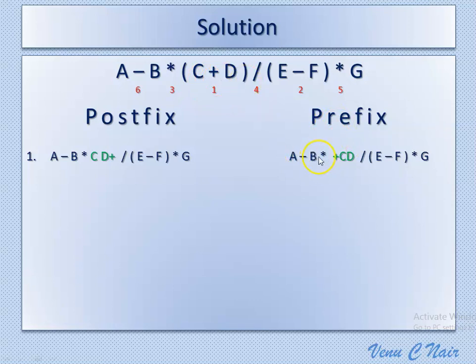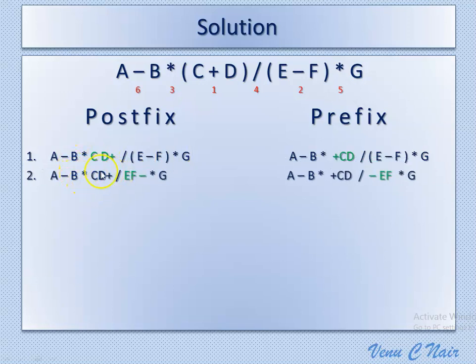Only C plus D will be changed into plus C D. All the remaining operands and operators will be the same as present in the infix expression. So after the first operation, this will be the postfix expression, which is solved partially, and the prefix expression, this also is solved partially. Now we go on to the second step, second operation.